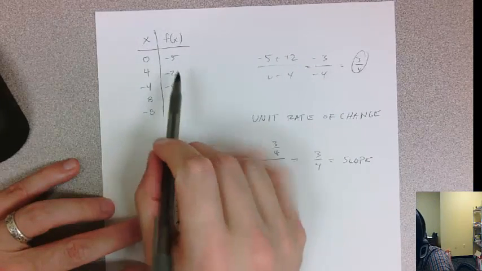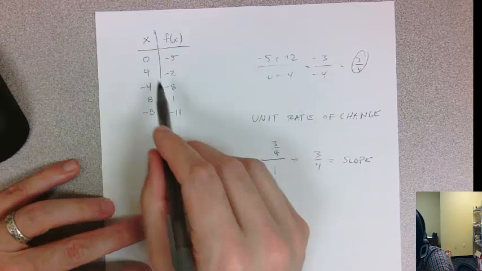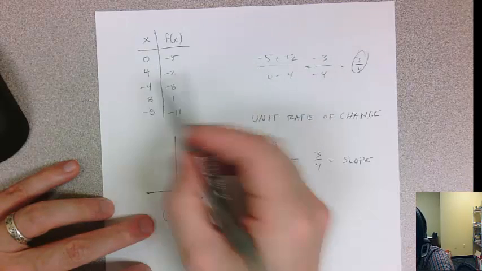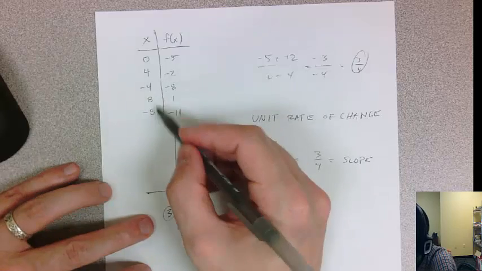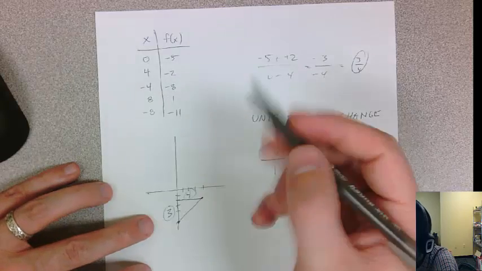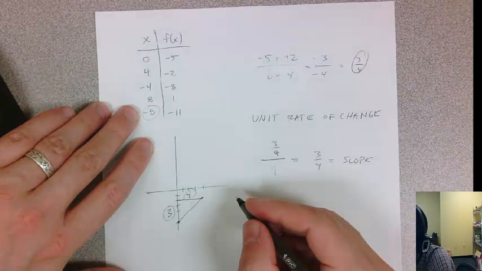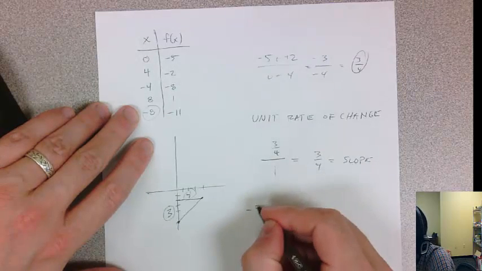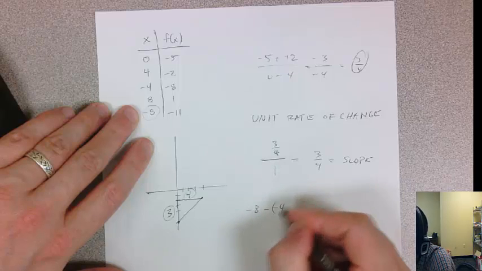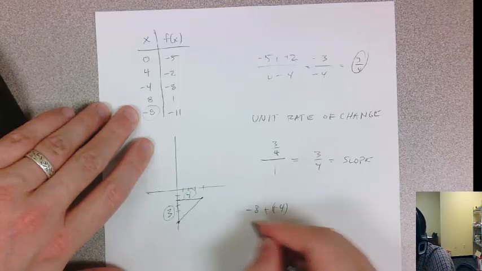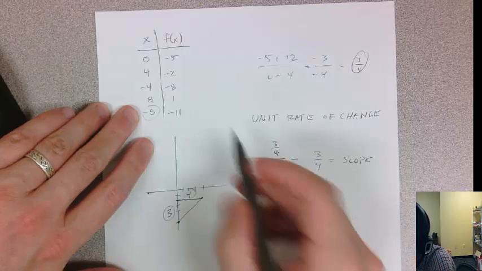Okay, let's check a couple more points to see if it is actually changing at a constant rate. So let's compare, how about these two negative numbers? So let's try -8 and -4. The difference there would be -4.